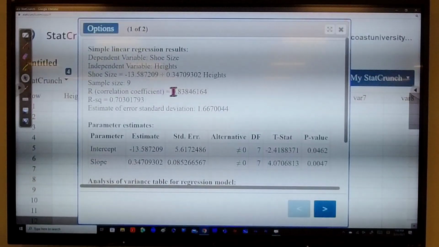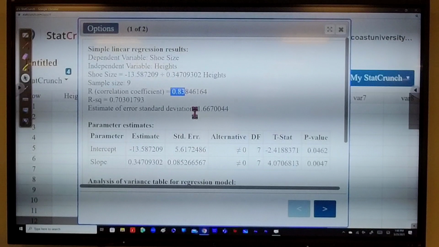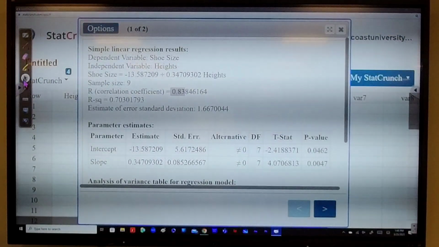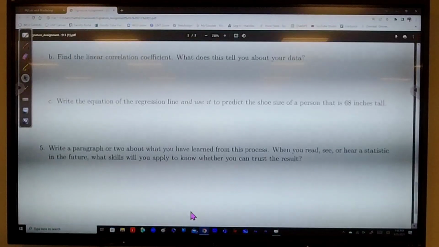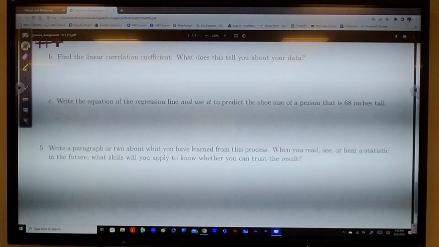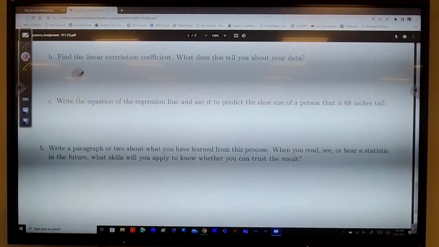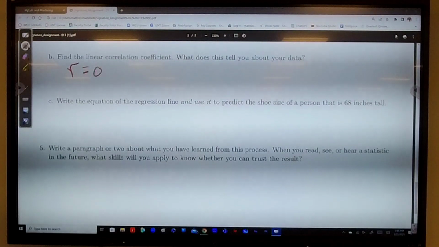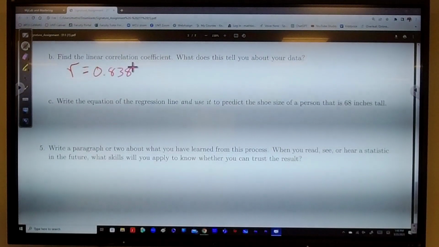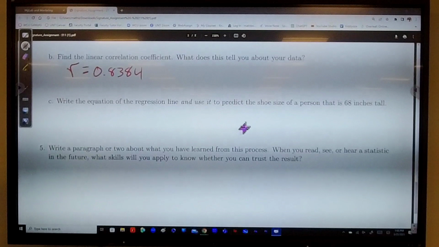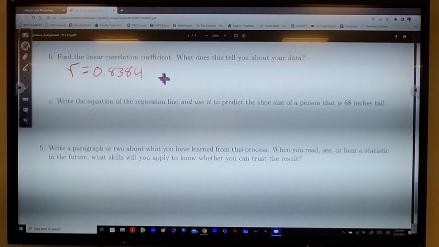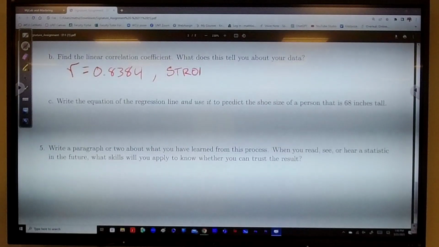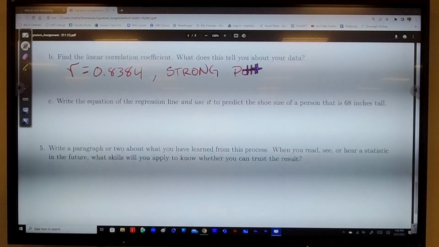Well, my linear correlation coefficient is 0.8384. So this is a lowercase r. r is equal to 0.8384. It tells me that there is a strong positive correlation.